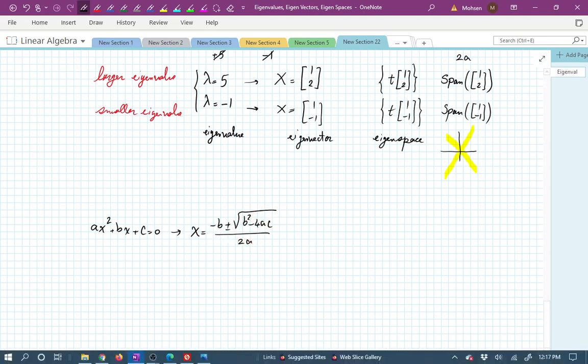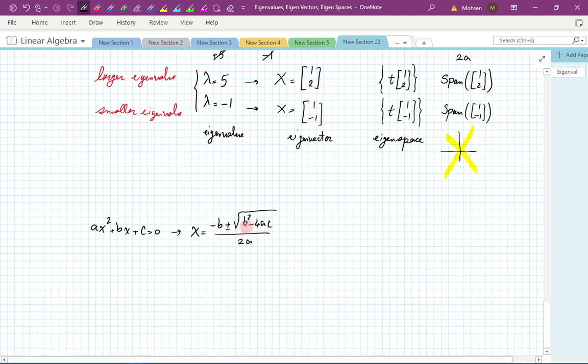That all sounds very nice, but the difficulty shows up depending on what is under this radical. b squared minus 4ac has a nickname, the discriminant, because it discriminates between several cases.